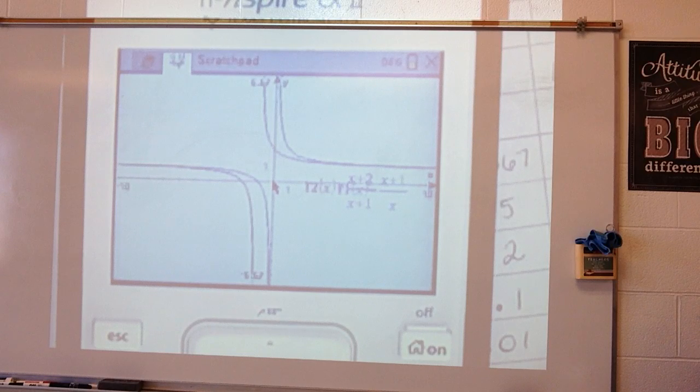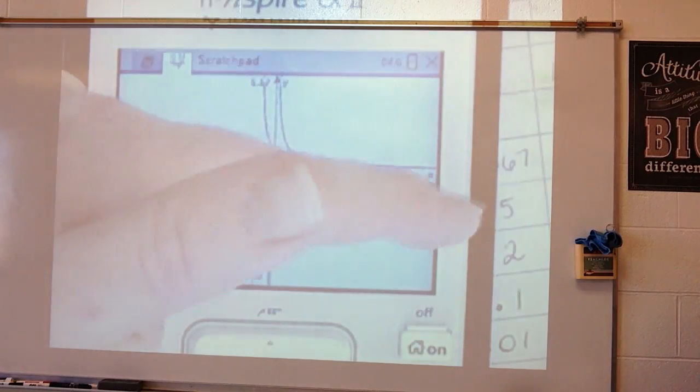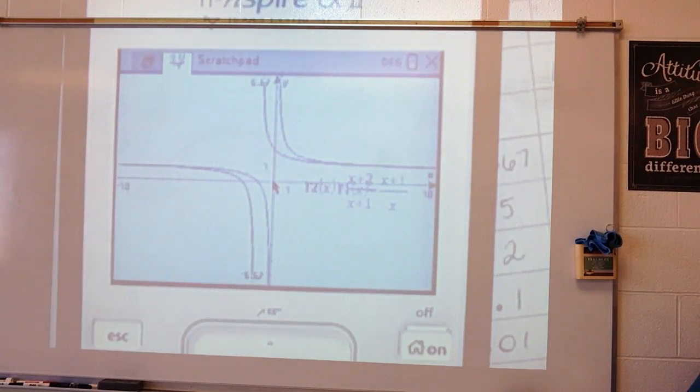Okay? Does it verify the fact that this one looks like (x plus 1) over x is greater? Well, if you look at this, look at what happens as they get closer. They're starting to get closer and closer together.